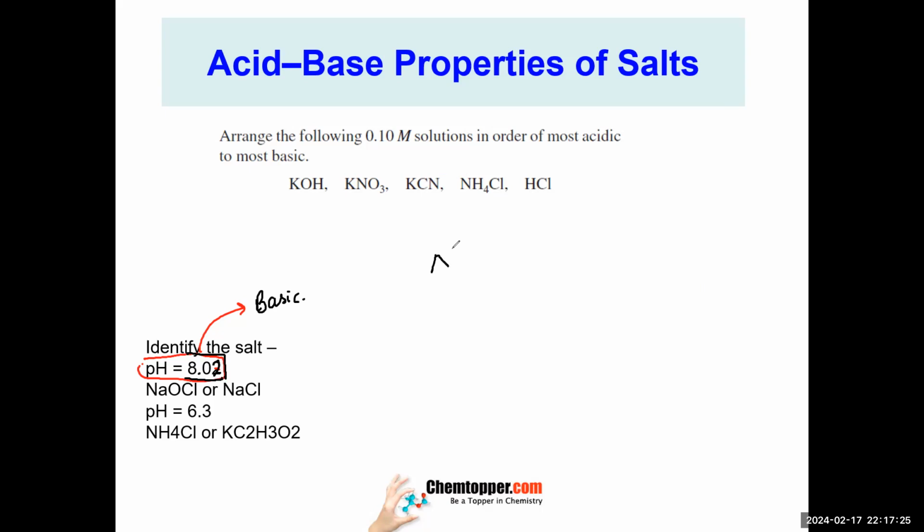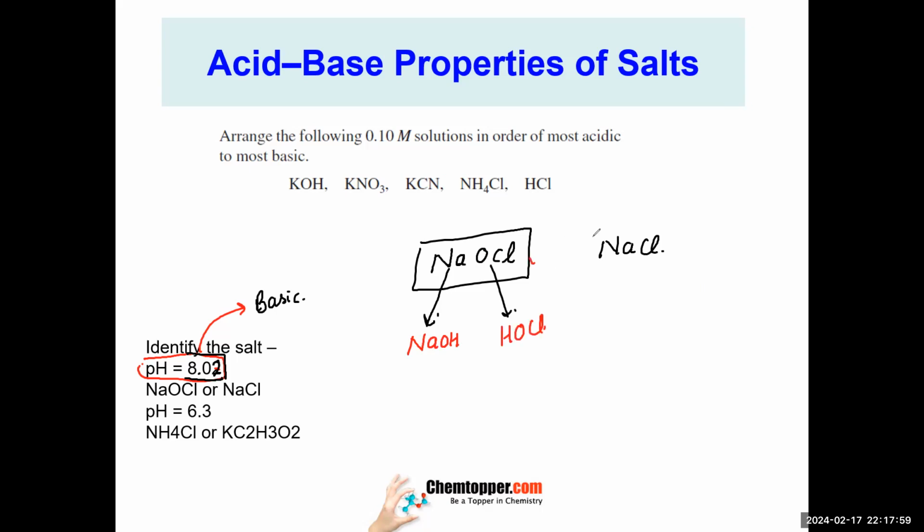Now they are asking which salt is this? Is it NaOCl or NaCl? So what kind of salt is this? Can you identify the base here and the acid here? Okay, Nivriti has already answered it. Very good, Nivriti. Perfect.